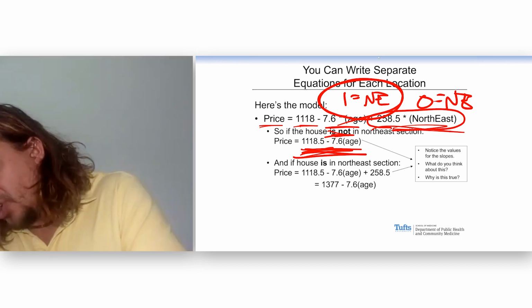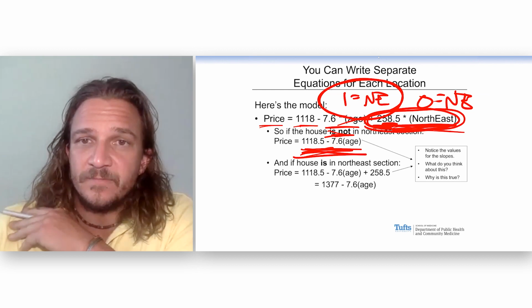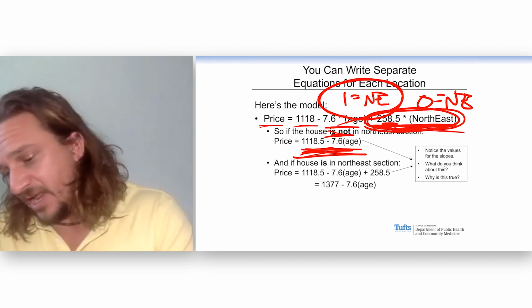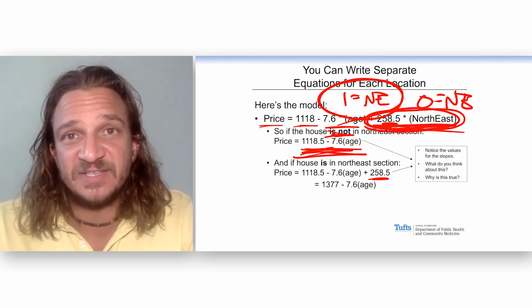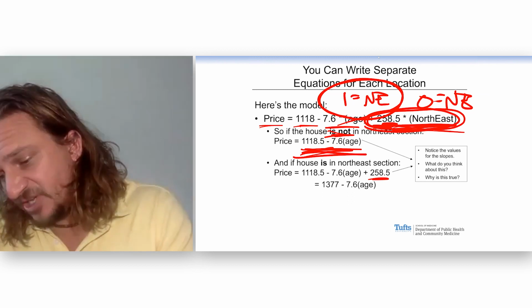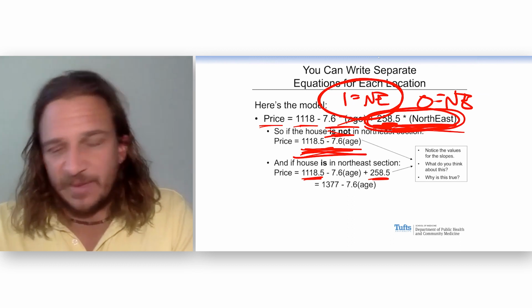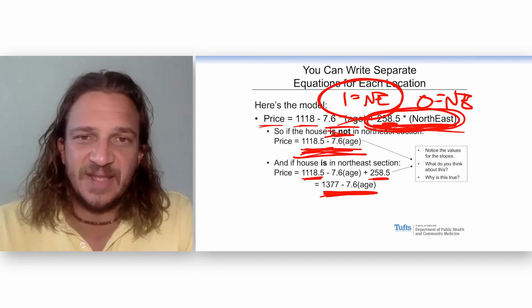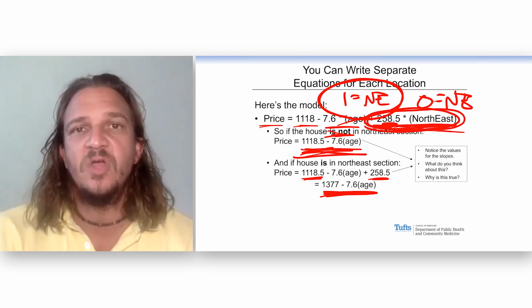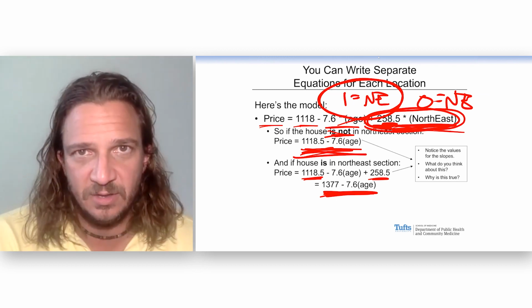So for this, we get 258 times 1. 258 times 1 is 258. And when we simplify this model, that 258 is going to go into this intercept, and the model simplifies to price equals this minus 7.6 times age. Now take a look at those two slopes. What are they? They're the same.